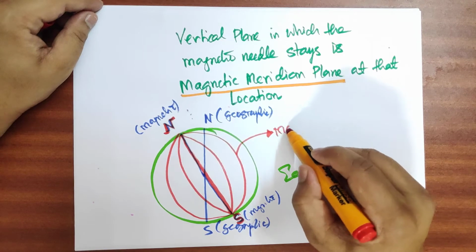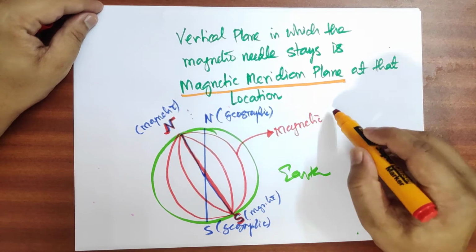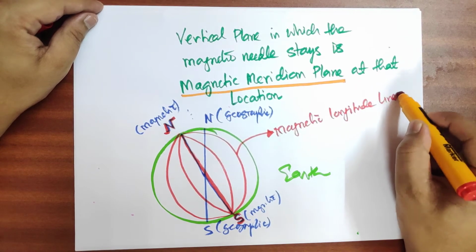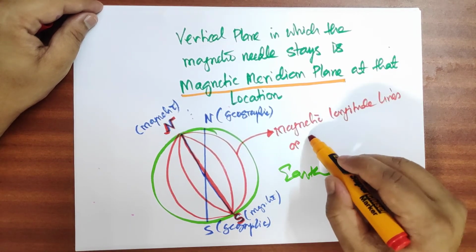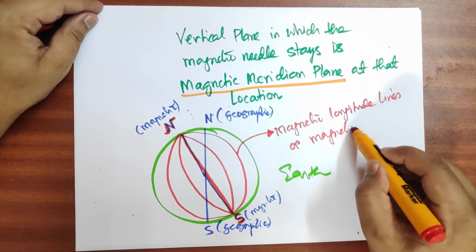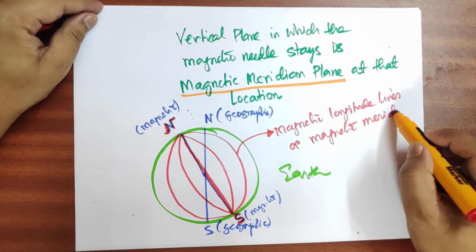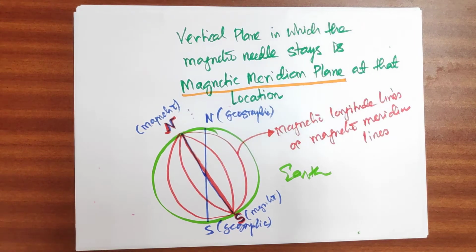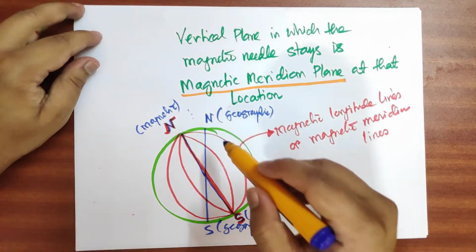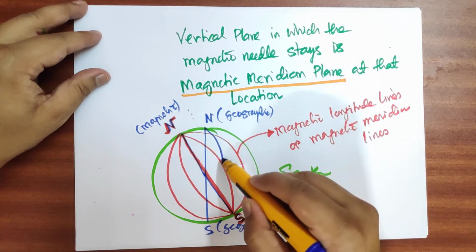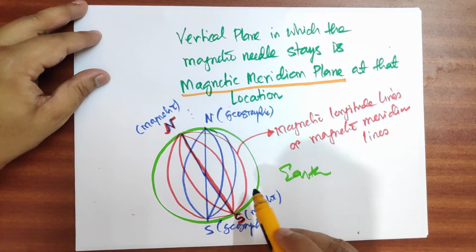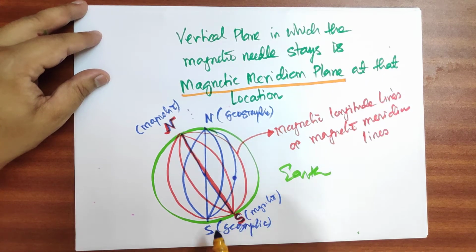Magnetic longitude lines, or we call them magnetic meridian lines. Similar meridian lines you have in the geographic one. Maybe this diagram is a bit clumsy, but I can't help it.